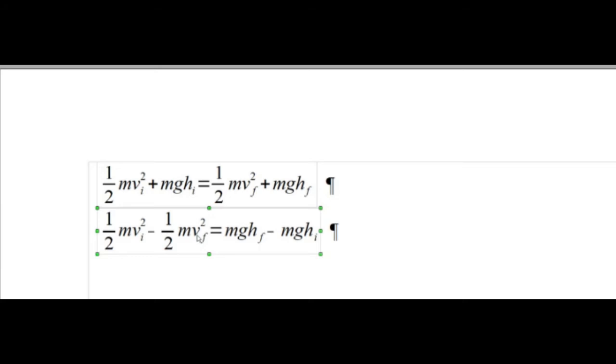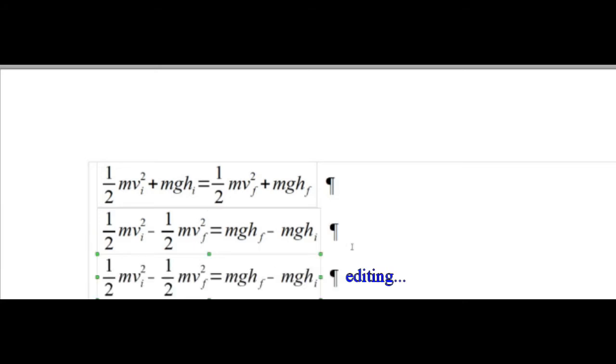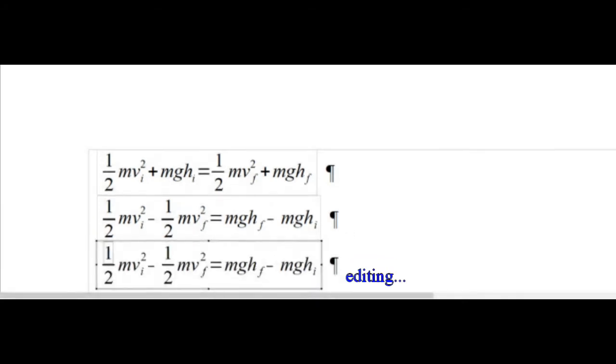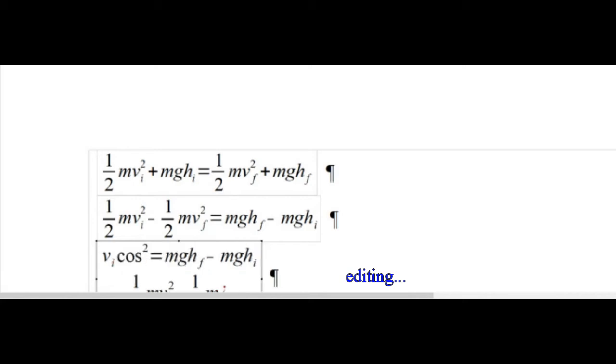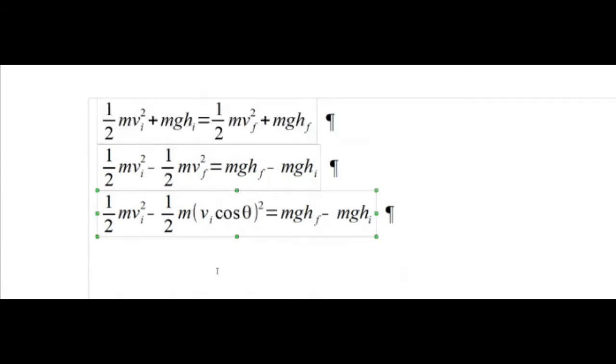And so this equation becomes, this v f squared is now v i cosine of theta. So all I've done is at the peak, the velocity is all horizontal, and the horizontal component does not change. So I'm going to square what's inside the parentheses there.